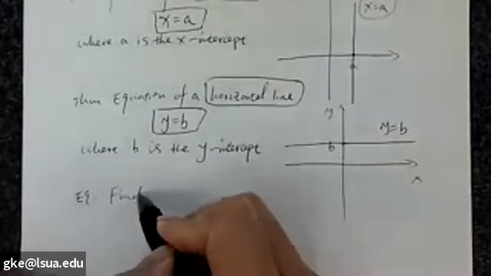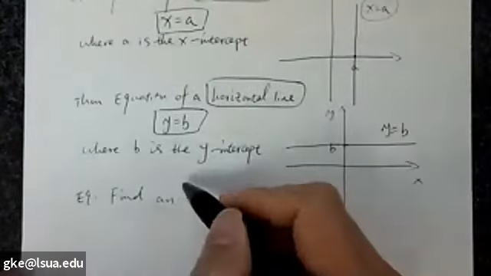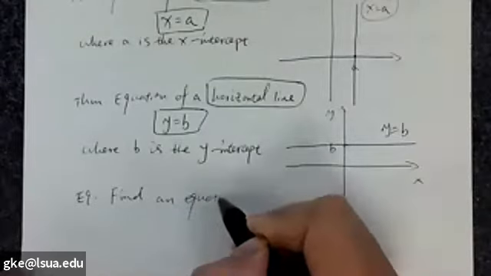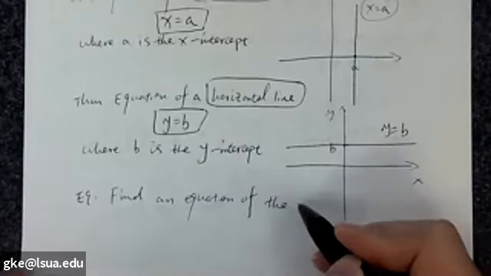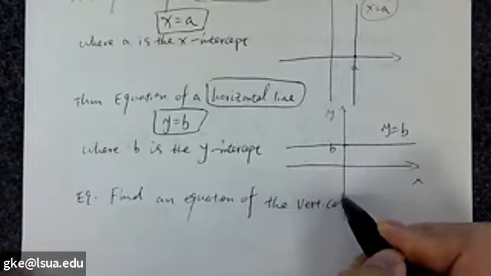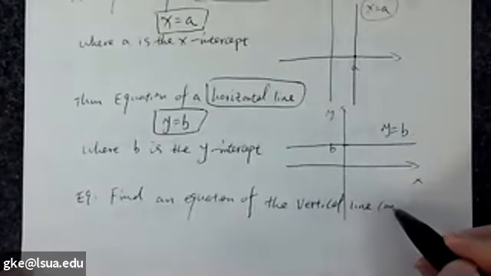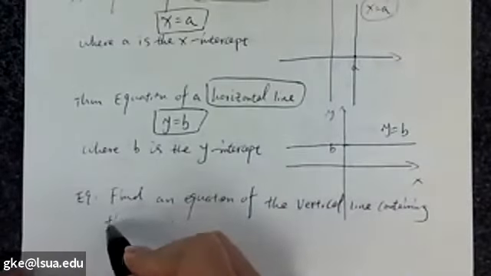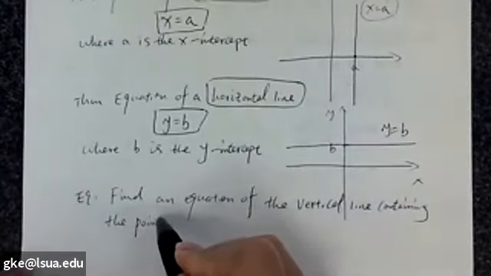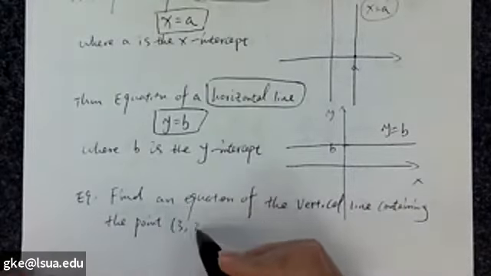Find an equation of the vertical line containing the point 3, 2.